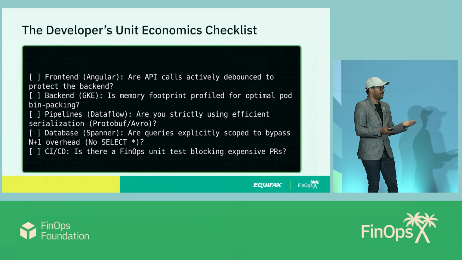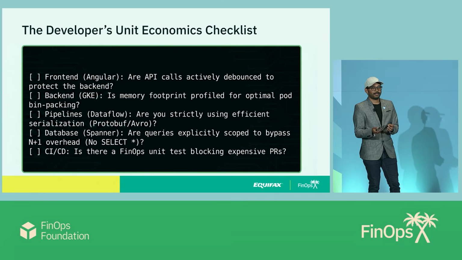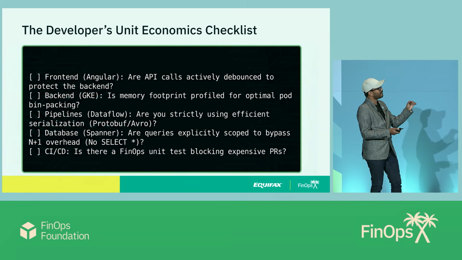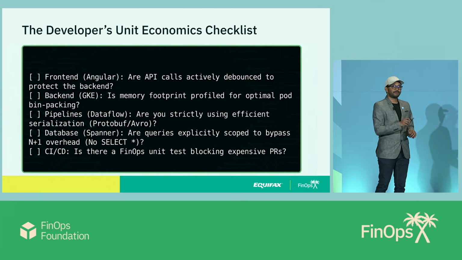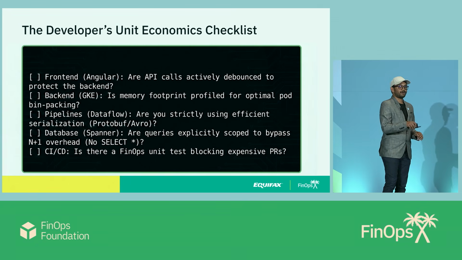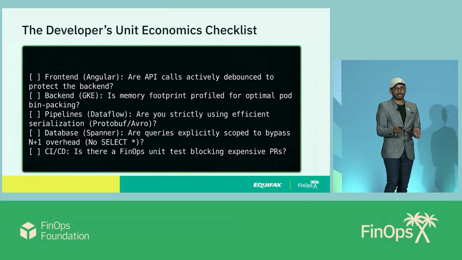There are many topics that we can take in general, but this is the high-level unit economics checklist, where if you ask the AI to analyze the app, trust me, it's going to give you interesting segments of code that we wouldn't even be thinking of in the first place. We would even question that the code generated by AI could have been improved.